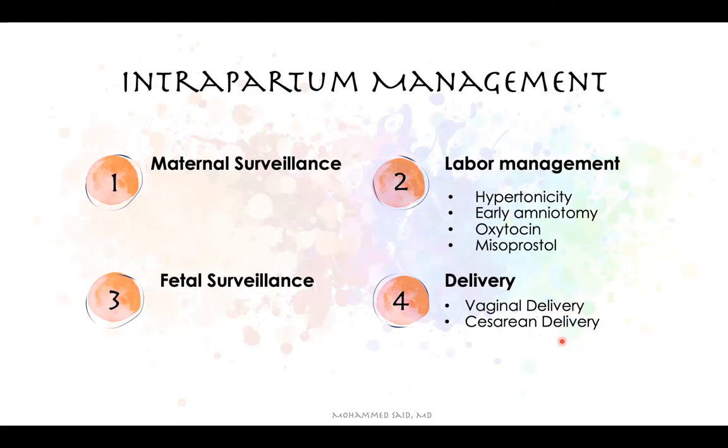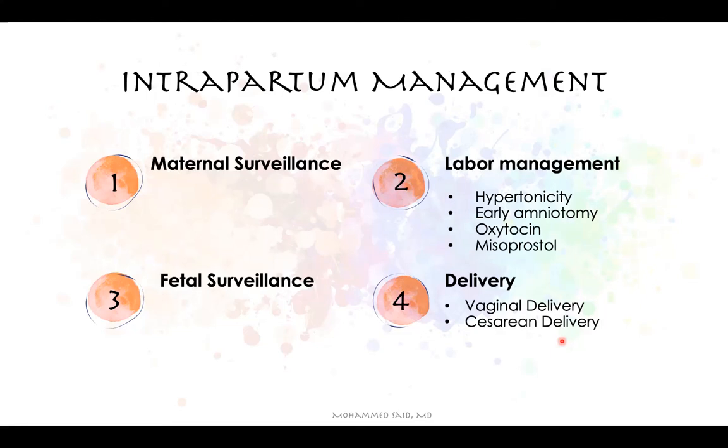So how do you manage labor? First, for the maternal surveillance, you will need to monitor the vitals and serial coagulation profiles, the same thing that we're seeing, because you need to detect any hemodynamic instability early.